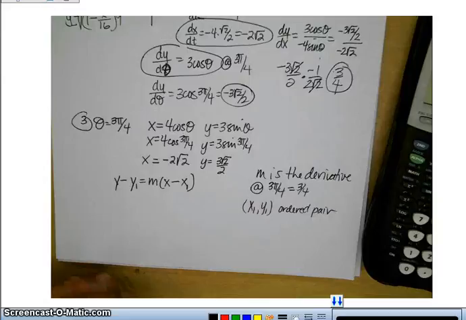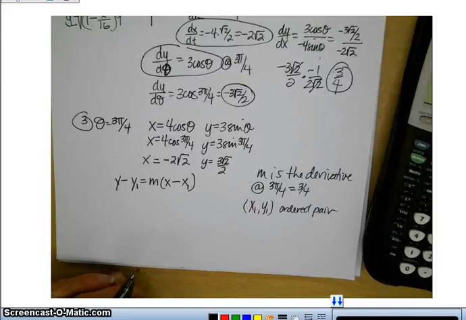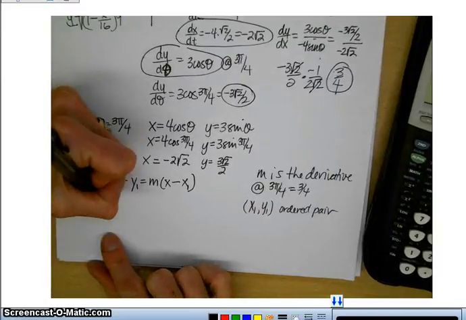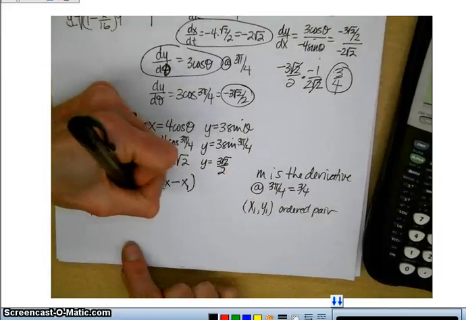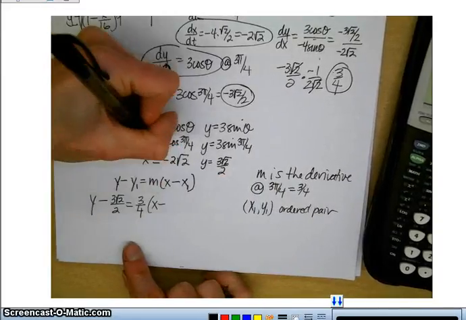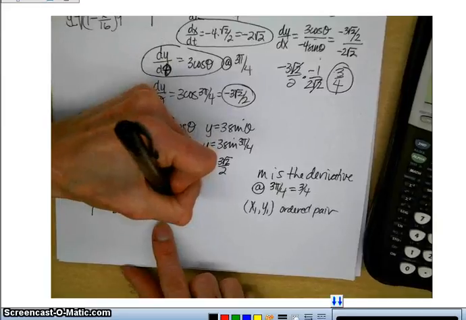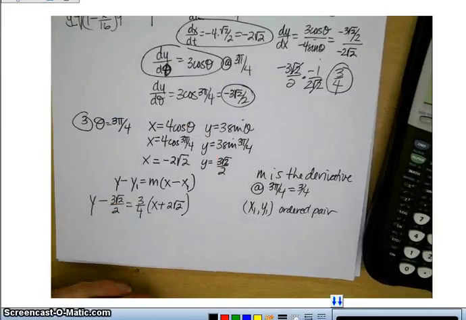So all I have to do to write my tangent line equation is take y minus 3 radical 2 over 2. Your slope is 3/4, times x minus a negative makes it plus 2 radical 2. Which you can simplify.